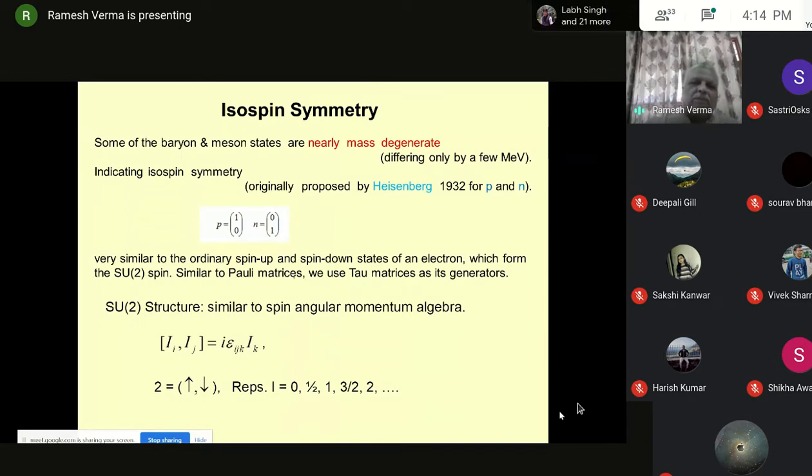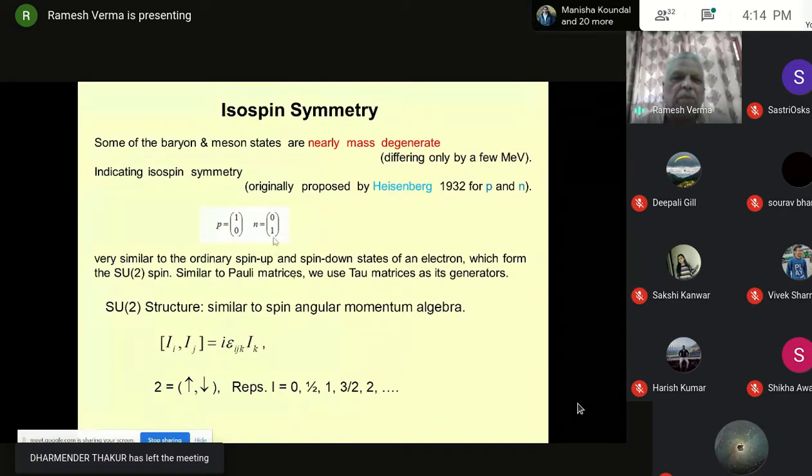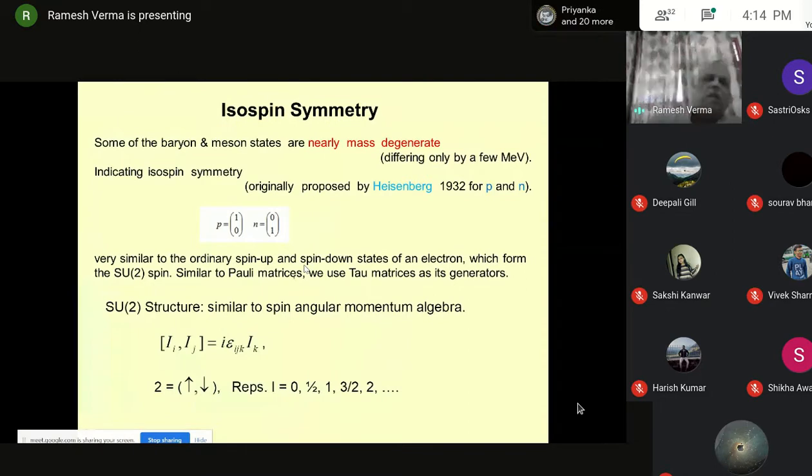And we have also learned yesterday that these states, 1 0 and 0 1, spin up and spin down states, are acted on by the Pauli matrices, exactly following that mathematical spin treatment. We treat 1 0 and 0 1 as the isospin half state on which Pauli-like matrices act, but we prefer tau matrices for the case of isospin, though mathematically they are exactly the same.